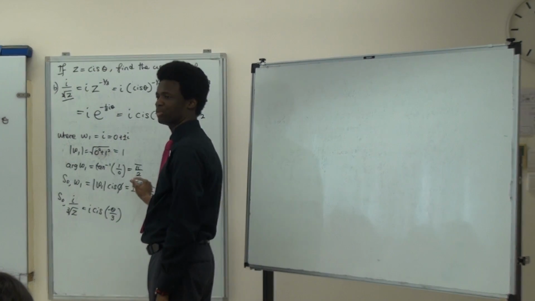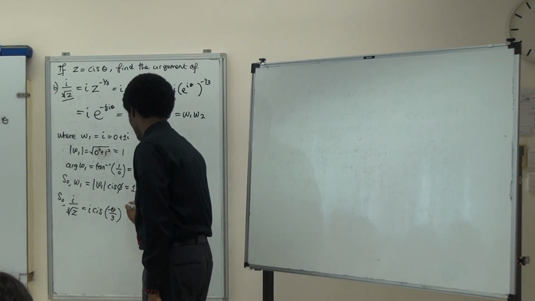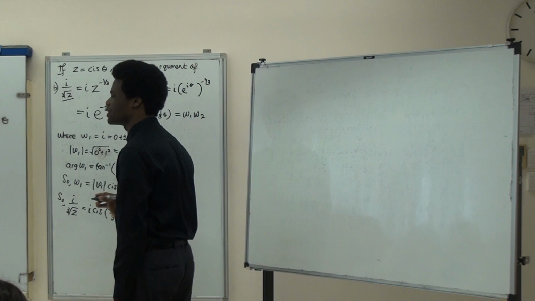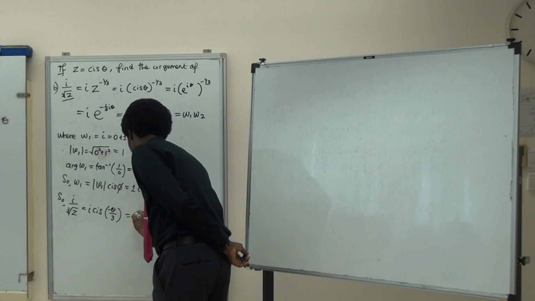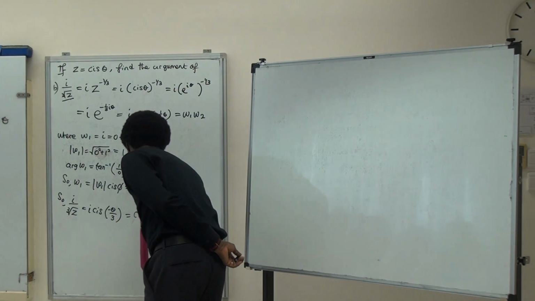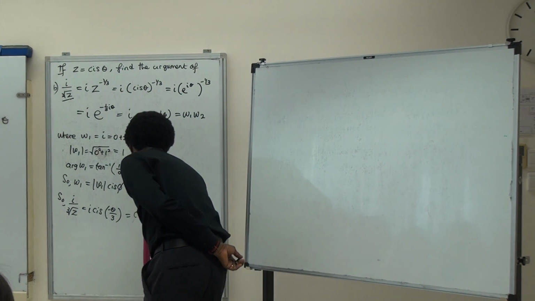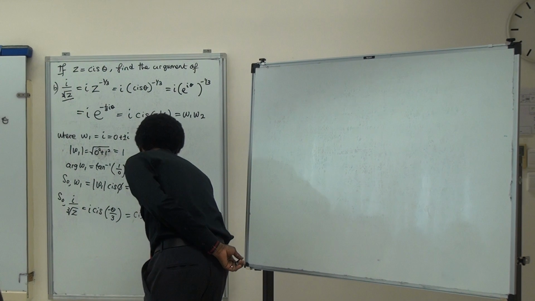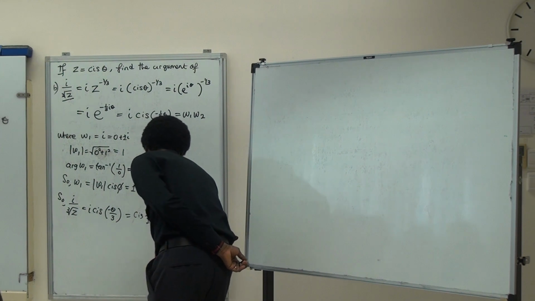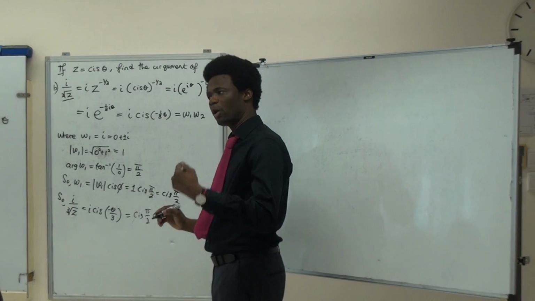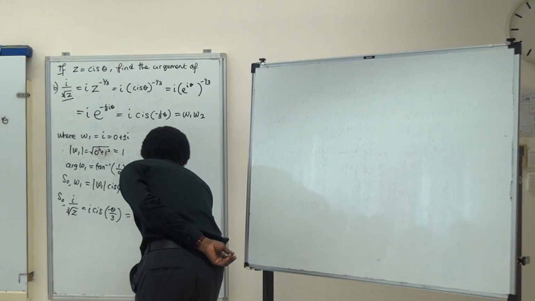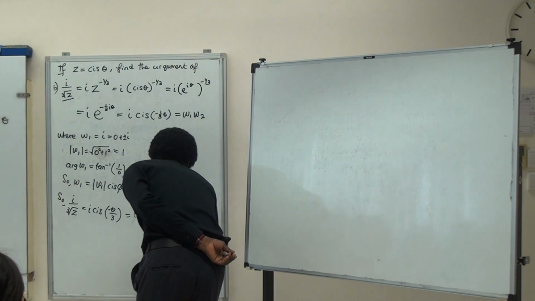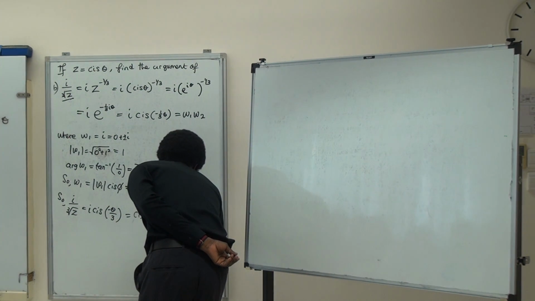That's why it has to be shown. This can now be written in the form of two CIS. Tell me. CIS pi over 2, CIS negative theta over 3. That's what we're saying. Now, by the property, what does this give you? CIS, pi over 2. That's it.